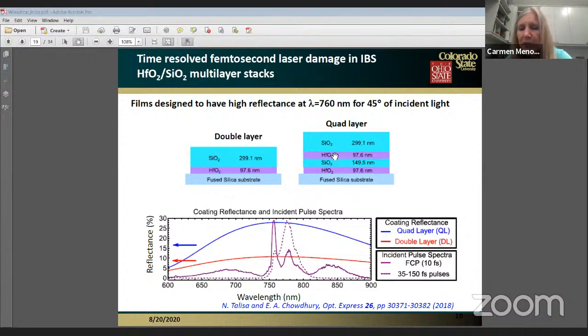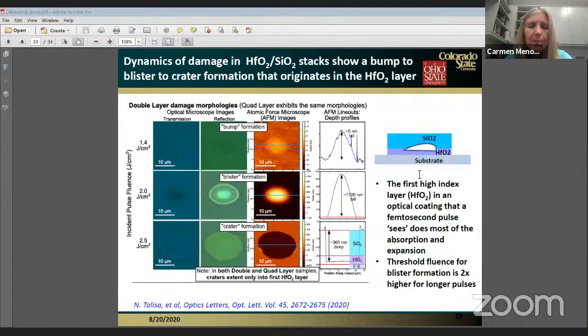And so we design specific structures that then we test with pulses that are ultra short, 10 femtoseconds, and 35 to 150 femtoseconds. And again, this is all related to trying to improve the performance of chirped pulse amplification systems.